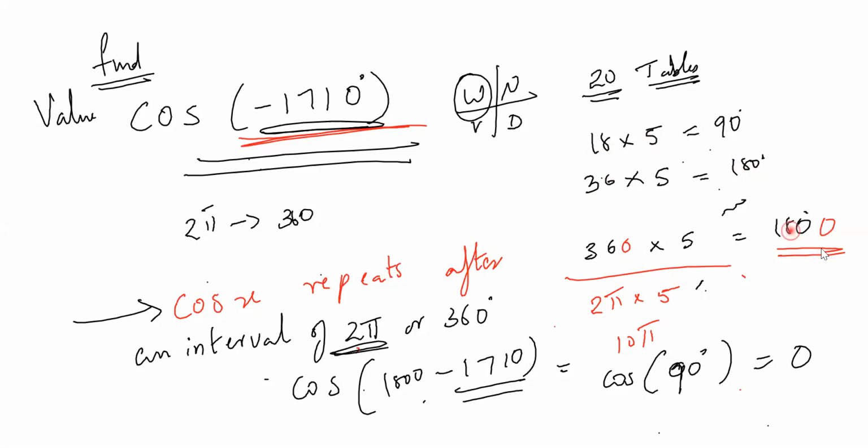Correct? So this is nothing but 360, and 360 is nothing but 2 pi. So 10 pi is coming, minus. So the question here is cos of minus 1710. Since cos x repeats after an interval of 2 pi or 360 degrees, I'm just subtracting the same. That's all.